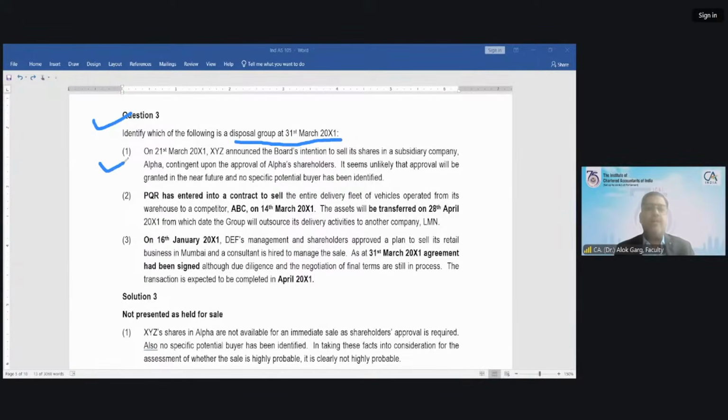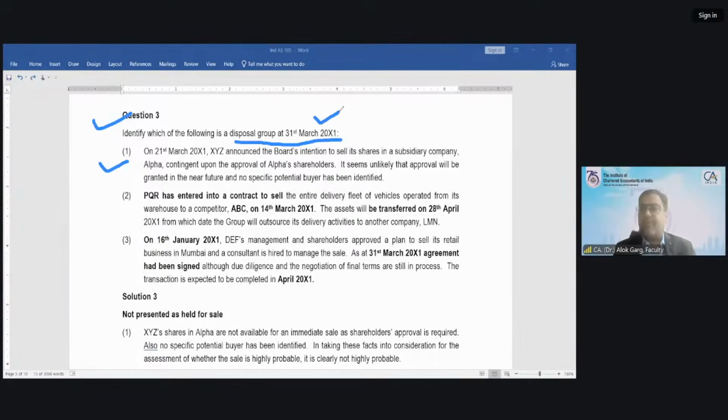On 21st March 20x1, XYZ announced the board's intention to sell its shares in a subsidiary company, Alpha, contingent upon the approval of Alpha's shareholders.